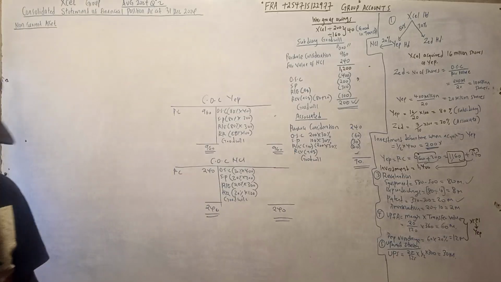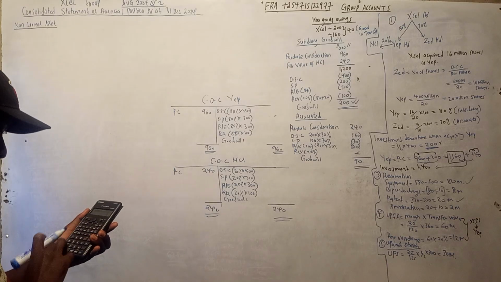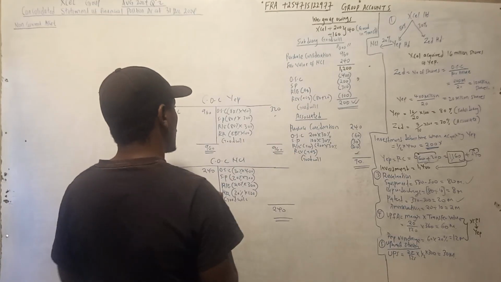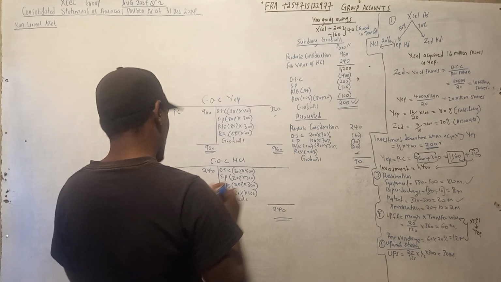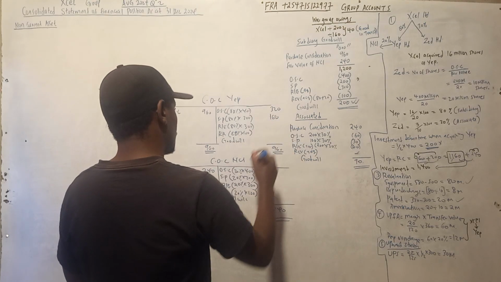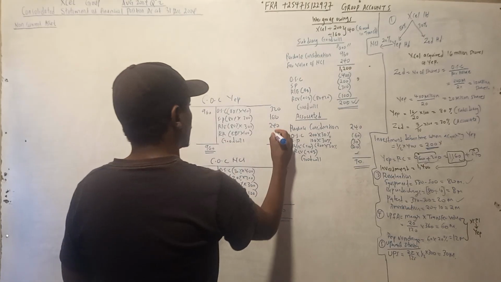We can try and see if it will balance. So 400 times 0.8, then it's 320. 160, 240, then 80.